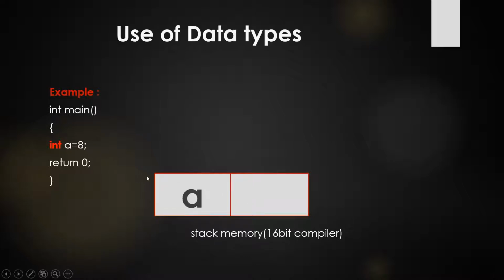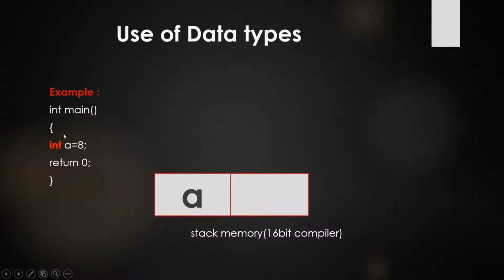If the memory is allocated in the stack for the integer data type, the allocation will be like this. Here we have an integer data type. We have created a memory of 2 bytes in the stack, and in the first byte a will be allocated. The next byte will be empty.